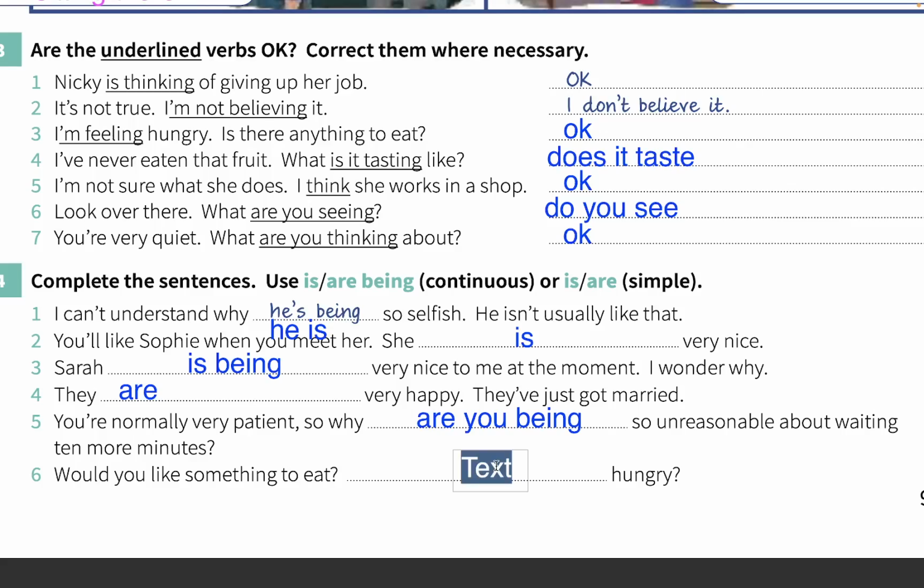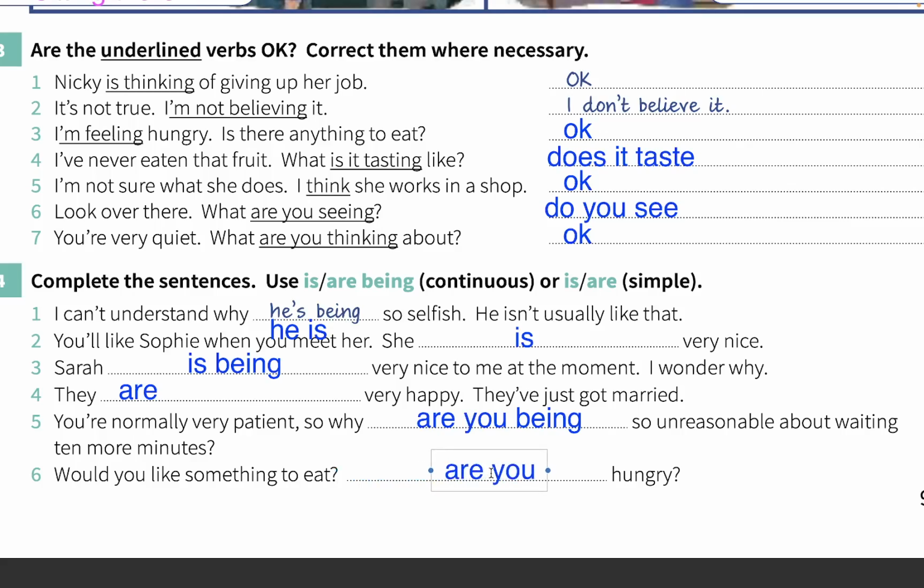Anyone want to try and answer? Are you hungry? Yes, it's are you hungry? Would you like something to eat? Are you hungry? Is the correct form.